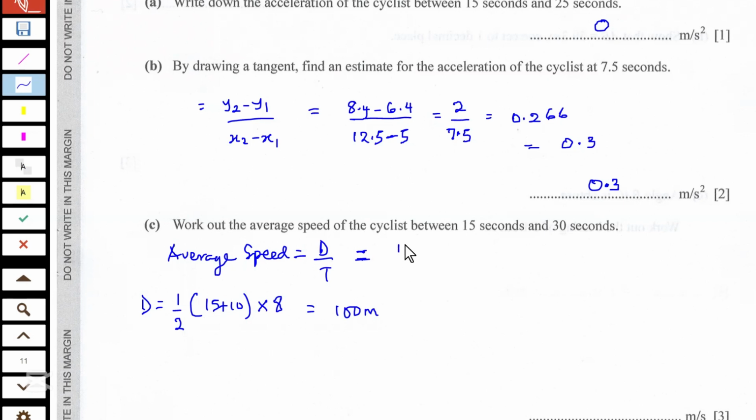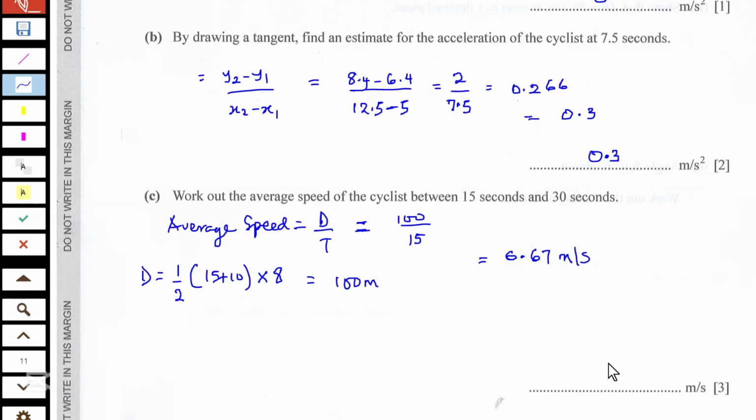So the distance is 100 over the time. The time from 15 seconds to 30 seconds is 15. So 100 divided by 15 is going to give us 6.67 meters per second as a final answer to question C.